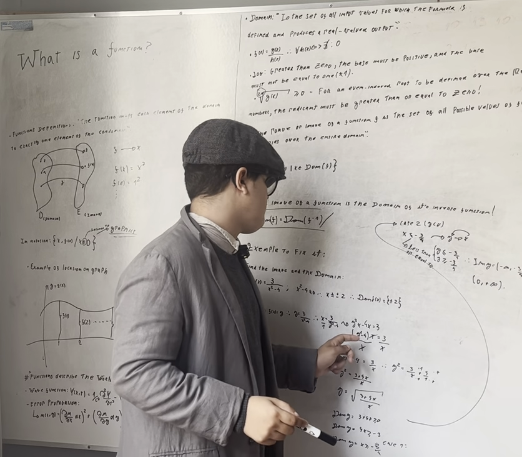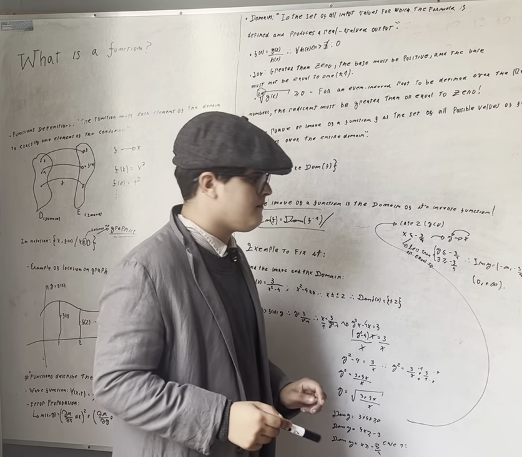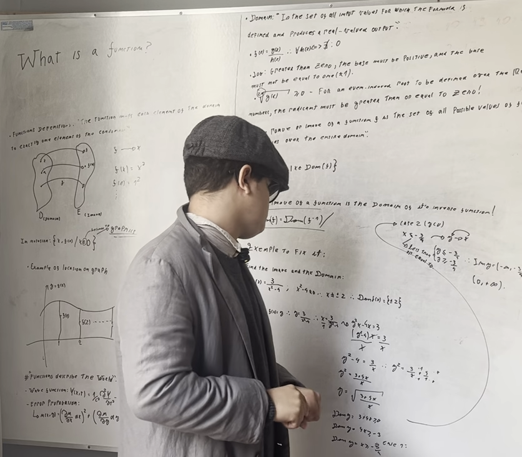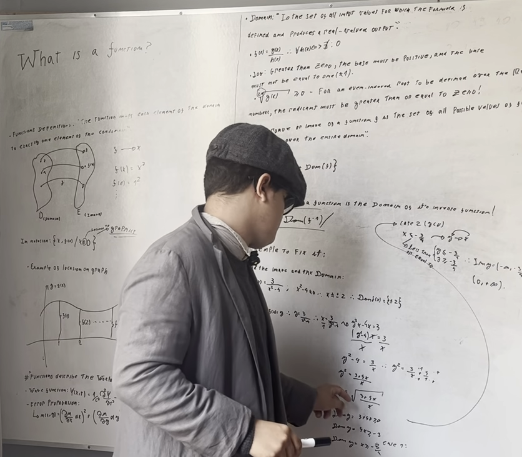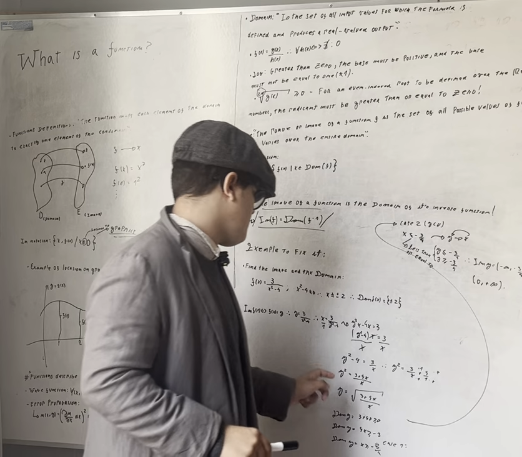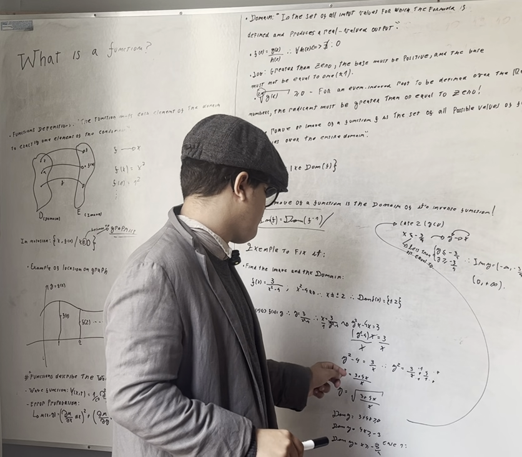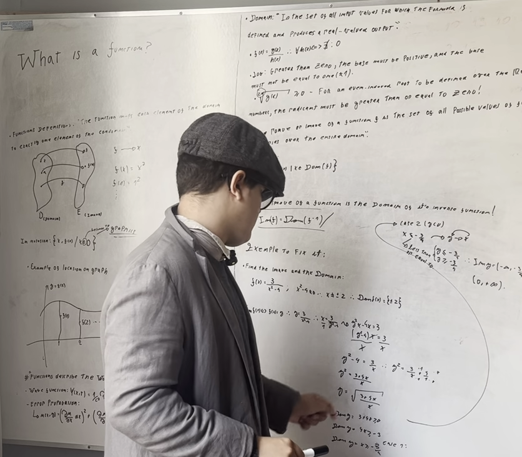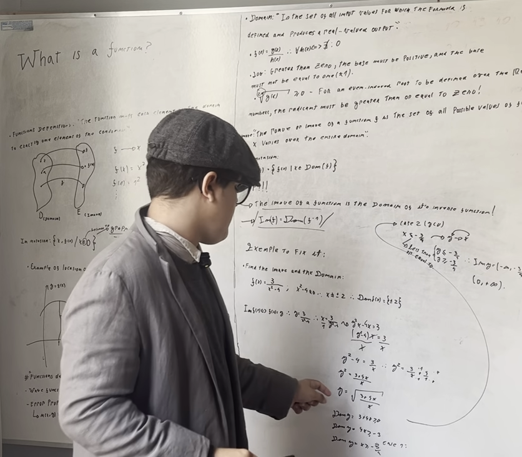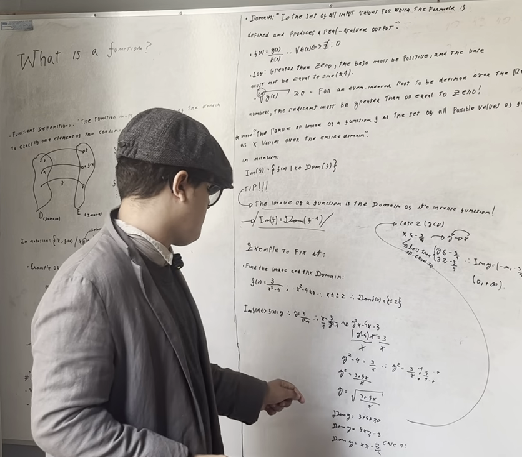We have to isolate the y. So that will be y equals the square root of (3 plus 4x) over x. So the radicand needs to be greater or equal to 0.